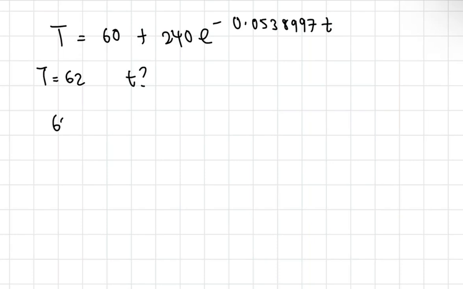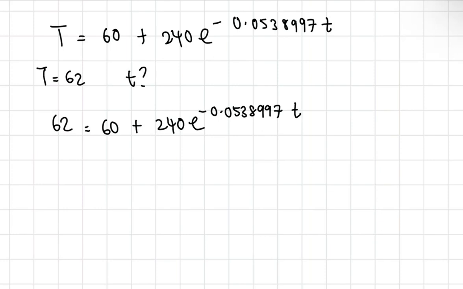So 62 equals 60 plus 240 exponent minus 0.0538997t.